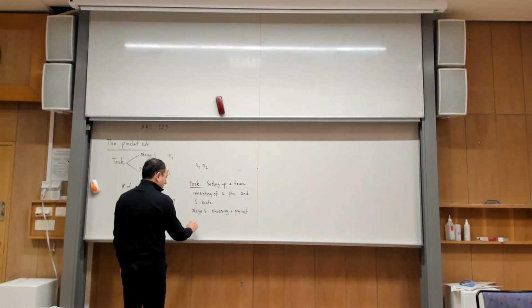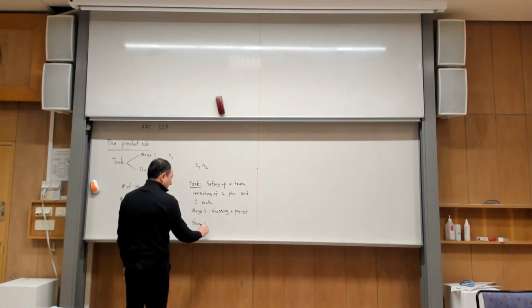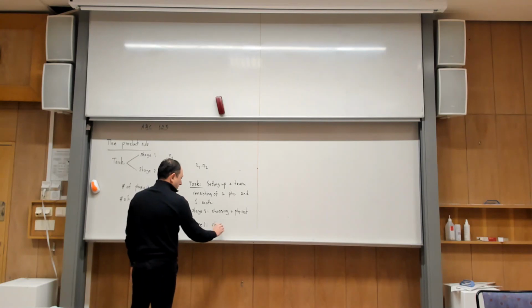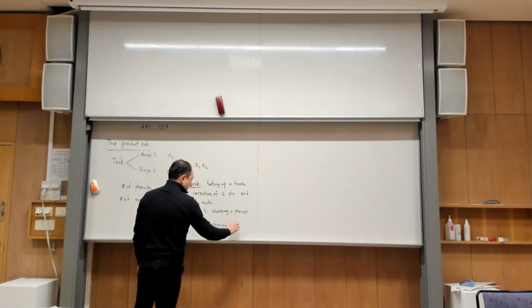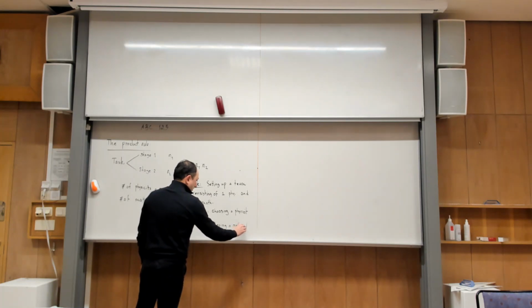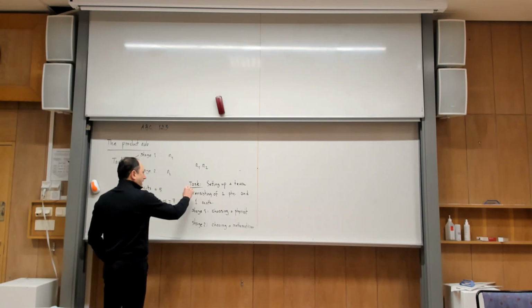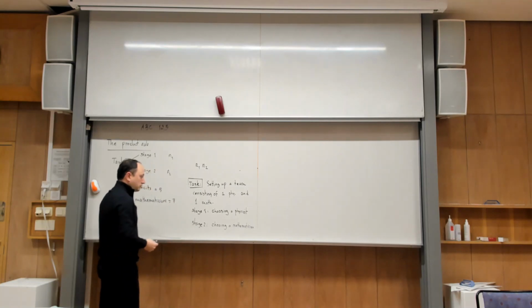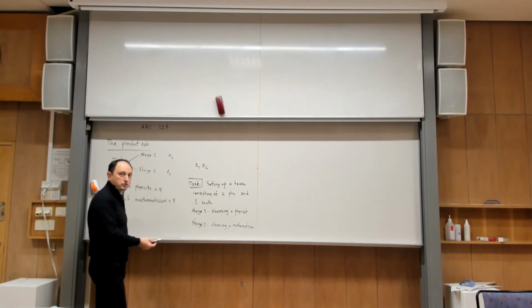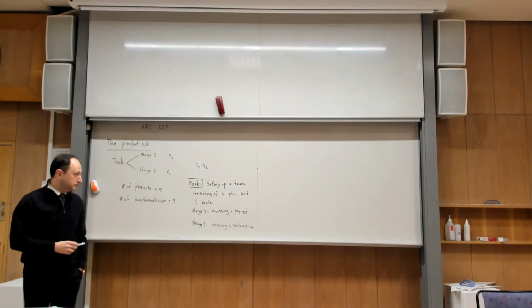And stage number 2, choosing a mathematician. Okay. So if I want to have my task accomplished, I have to do stage 1 and stage 2, not stage 1 or stage 2. I have to have both of them.